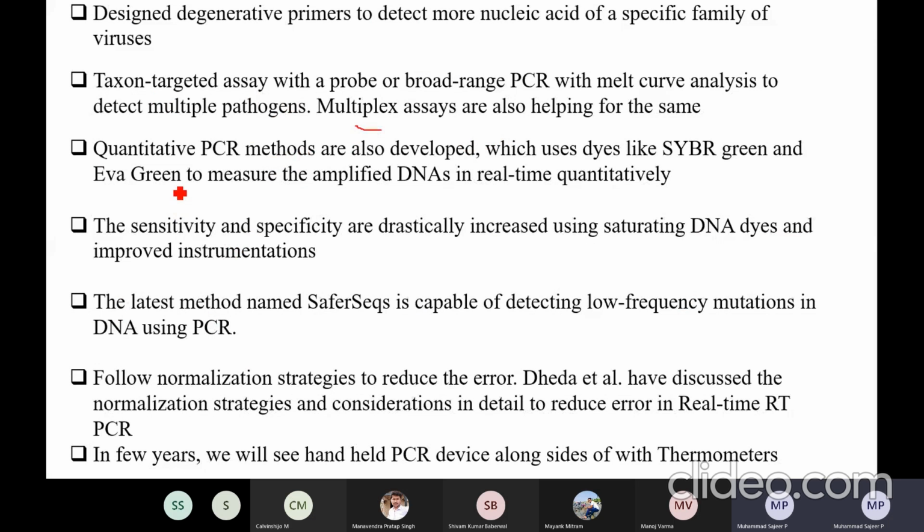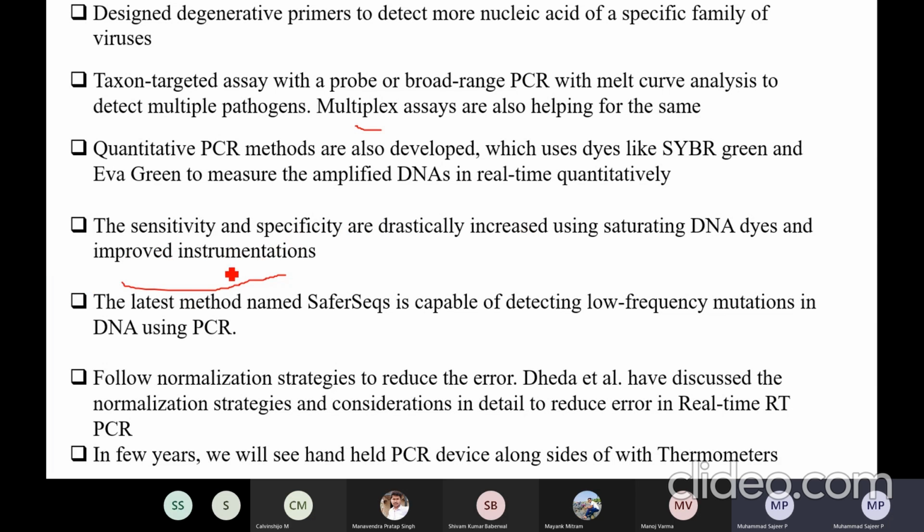There are also quantitative PCR methods developed, as I mentioned, with dyes like SYBR Green and EvaGreen to measure the amplified DNA in real time, quantitatively. Nowadays the sensitivity and specificity have drastically increased because we are able to use dyes and we have improved our instrumentation. Everything happens in a closed container, and the possibility of something coming from outside is really low, so contamination will be less.